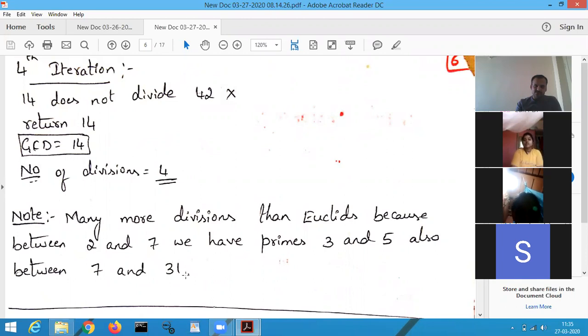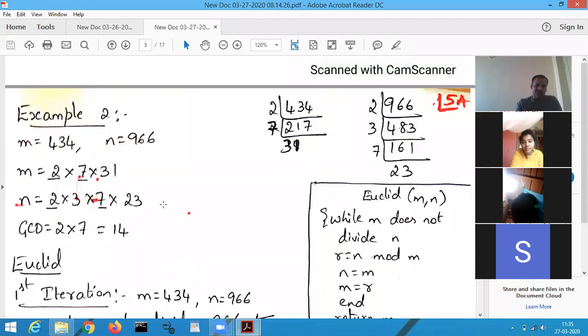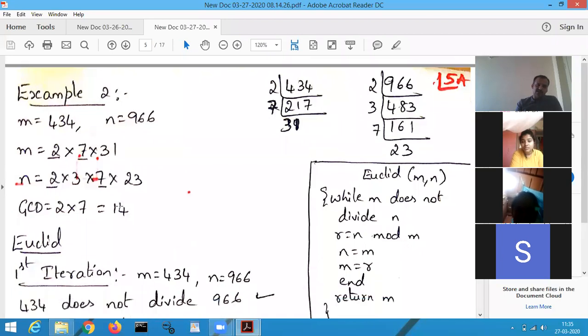That means whenever I want to find the prime factors in the school level algorithm, we require more divisions compared to Euclid's algorithm. Assume that m is some 100 digit number and n is some 100 digit number. It is very difficult to find the prime factors by using the school level algorithm.